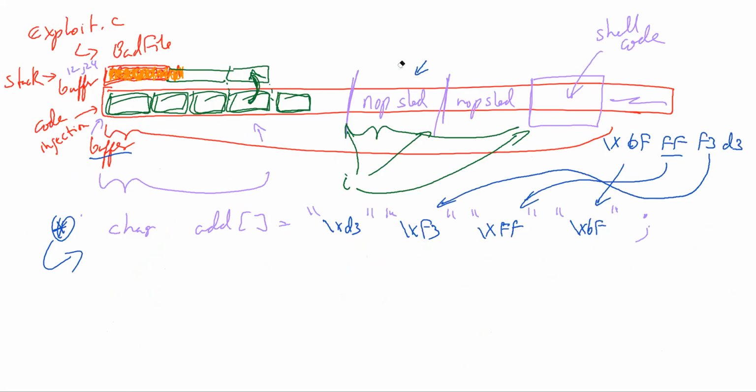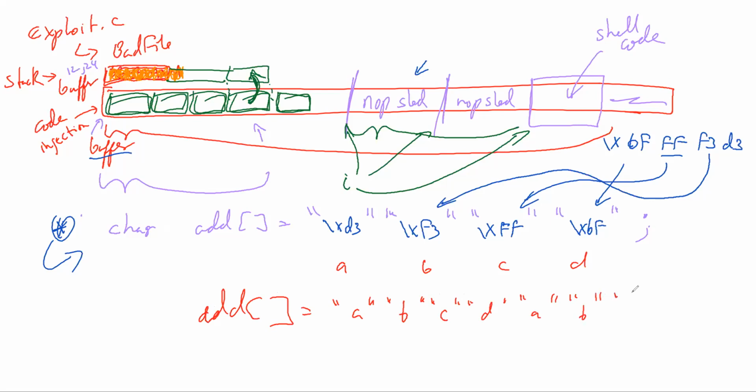Let's say, just to simplify it, this is A, this is B, this is C, this is D. So you could have just done A, B, C, D, and then again A, B.